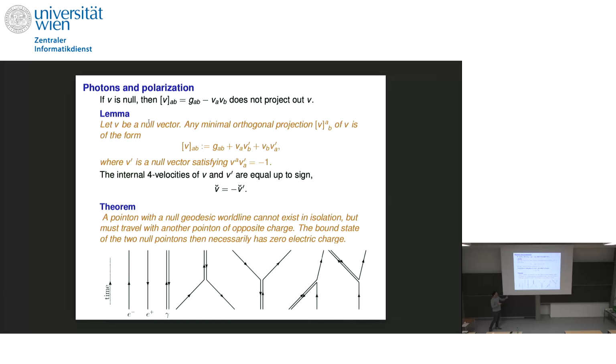If the orientation of E naught is future directed, then it's an electron. If it's past directed, it's a positron. And if you stick two of them together, then we get a null geodesic, and we can identify this with a photon. It's neutral, so it has 0 electric charge, and it's a bound state of an electron and positron.